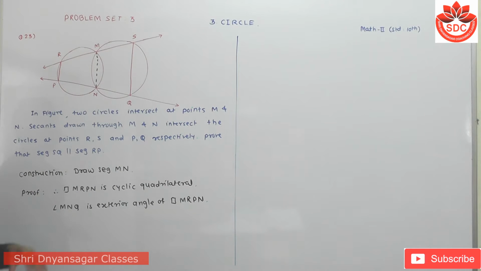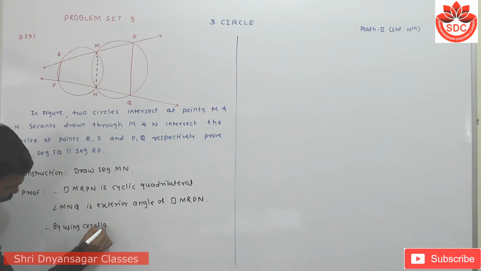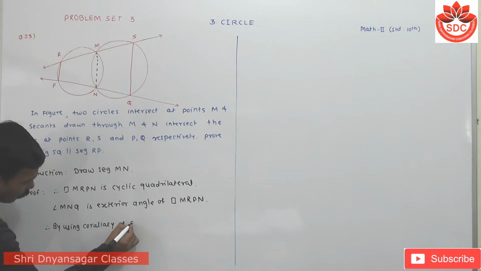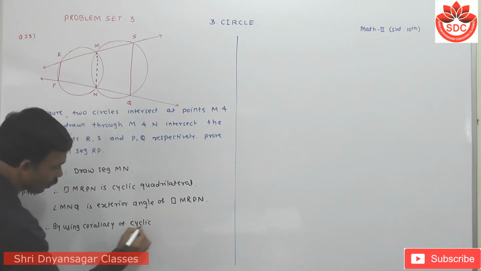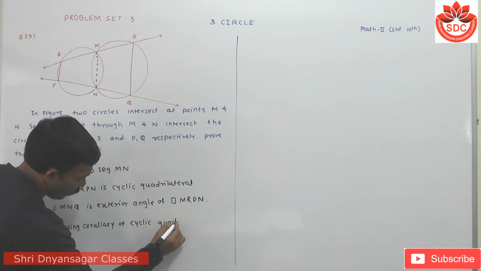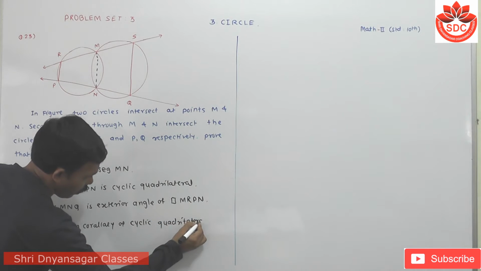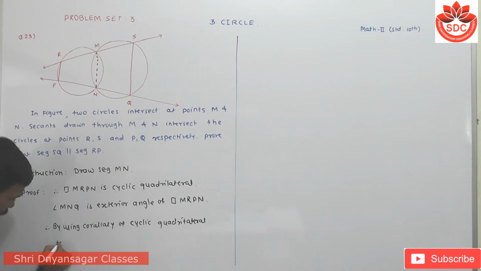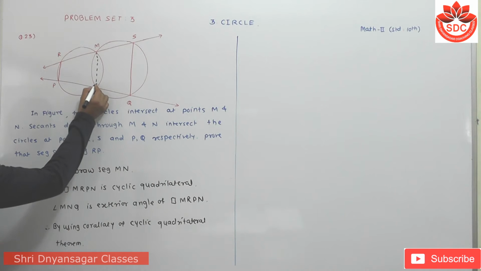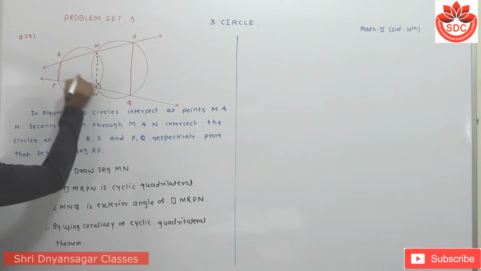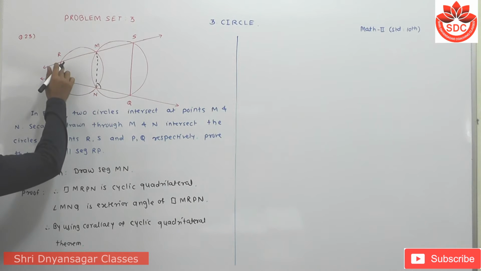So by using the corollary of the cyclic quadrilateral theorem, this angle MNQ is congruent with the adjacent interior opposite angle.